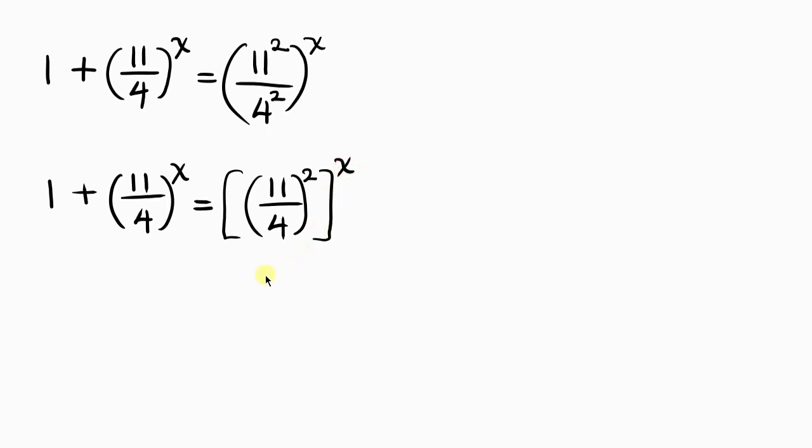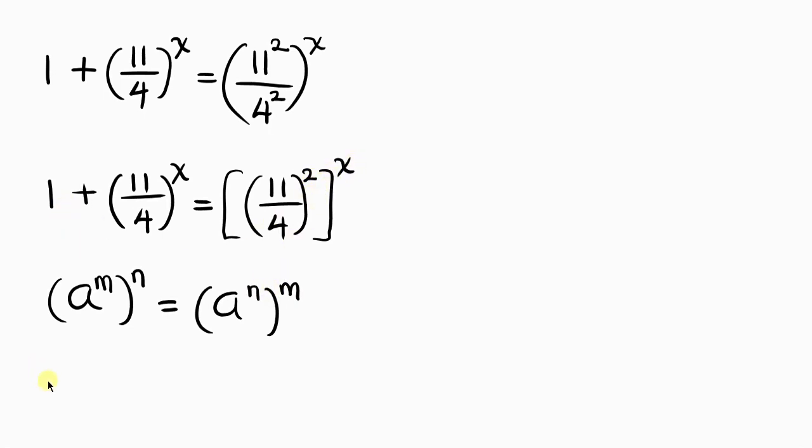Now, our next step will be for us to apply the law of indices, which says when I have a to the m and this is raised to the n, this is same as a to the mn, as long as the powers multiply, that means it is possible that we switch the positions of the power. So this can be a to the n raised to the m. That's it. So let's express this like this by switching the positions.